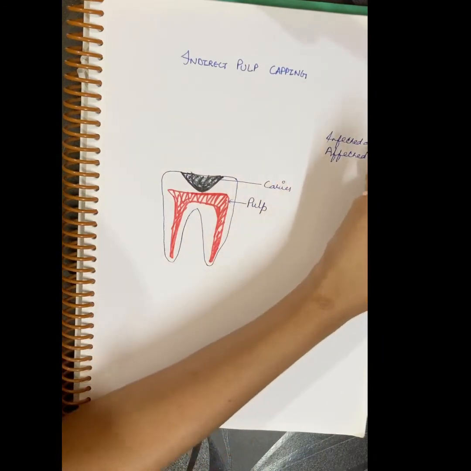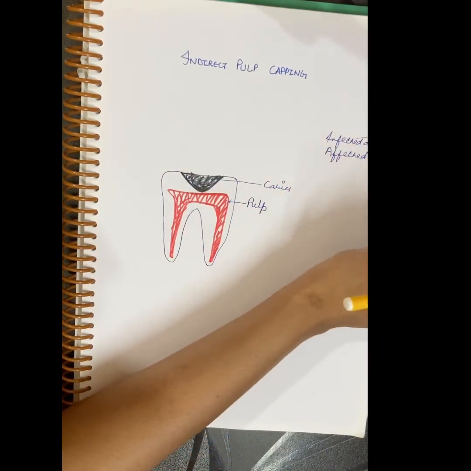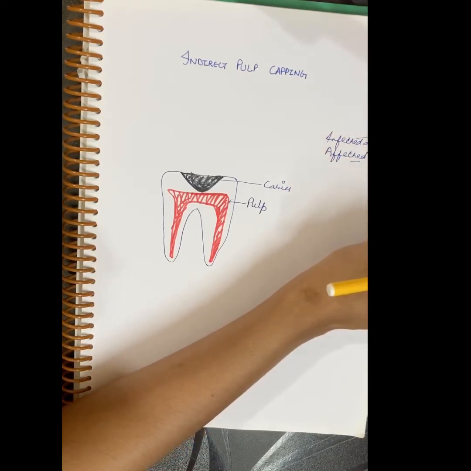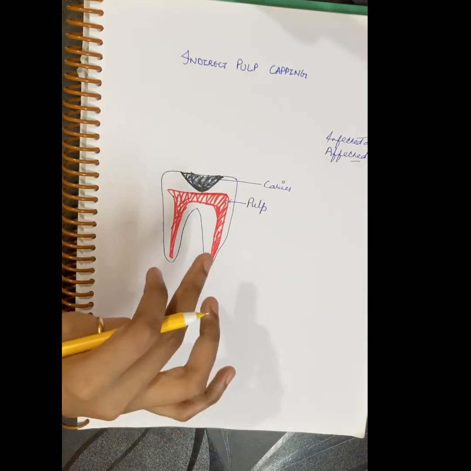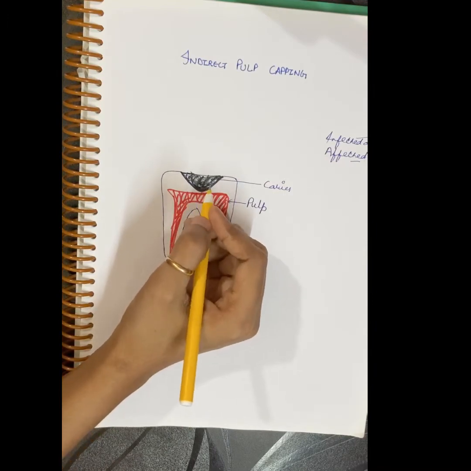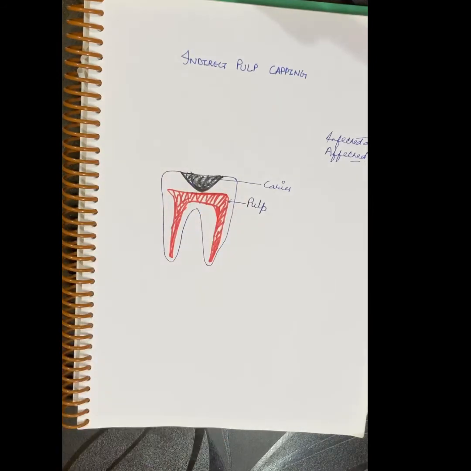Infected dentine is the one which contains microorganisms and can't remineralize. Affected dentine is one which does not contain microorganisms and gets remineralized. So what we are doing here is we are leaving the affected dentine so that it gets remineralized and our pulp is not exposed.